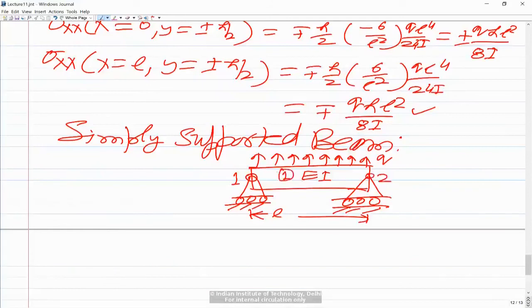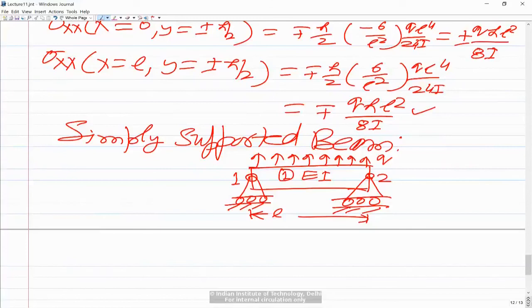Even a one element solution will give you a non-zero V. Why? Because now the boundary conditions, if you look, V1 is 0, V2 is 0, but theta 1 is an unknown, theta 2 is an unknown. So when you say V1 and V2 equal to 0, then S11 and S21 would be non-zero, but M11 and M21 would be zero.